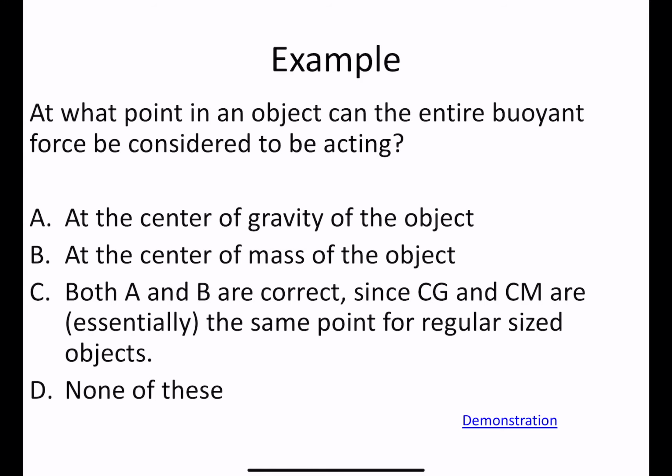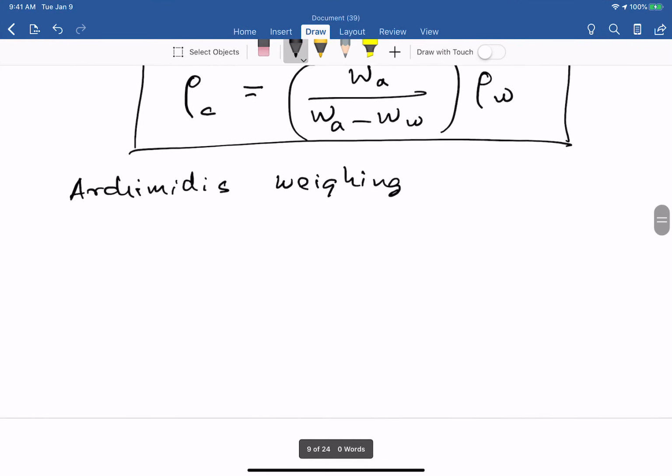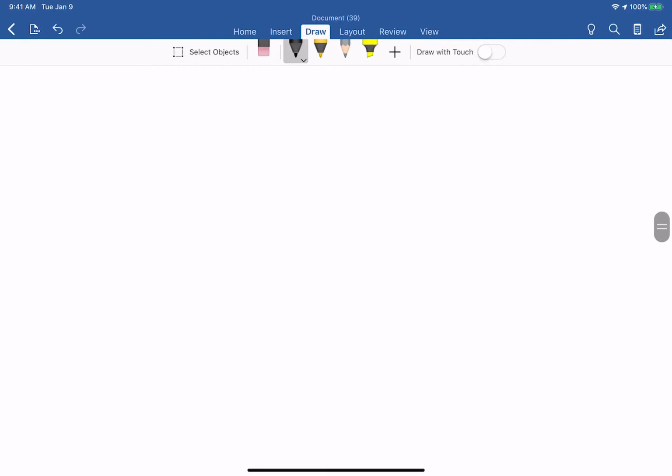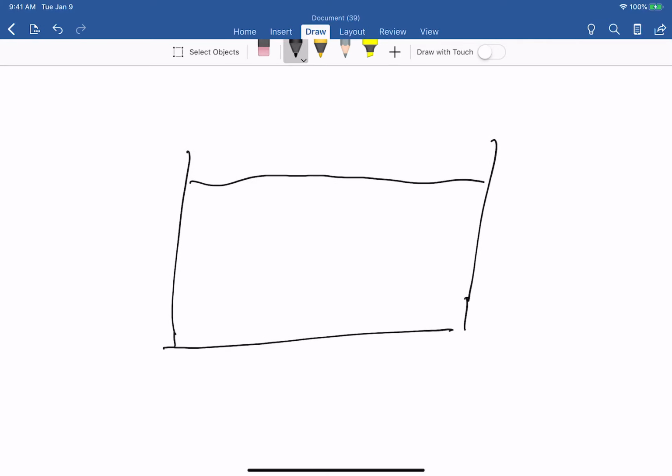So let me explain why that is the case. Okay, it's very simple if you think about it. So here is a container which has some water, and let me put an object inside this container. Let's say that the object is a composite rod.